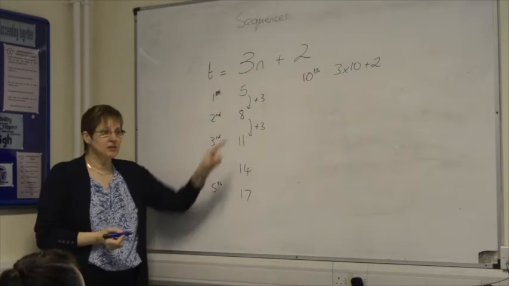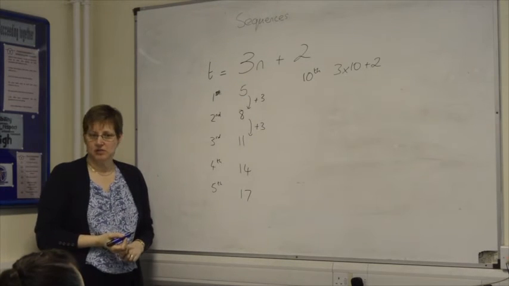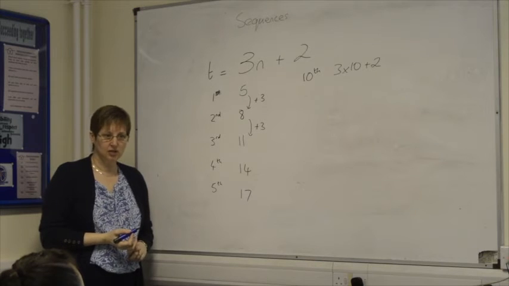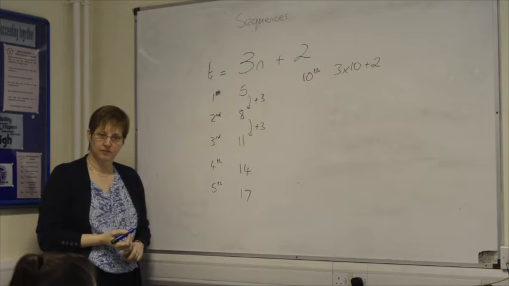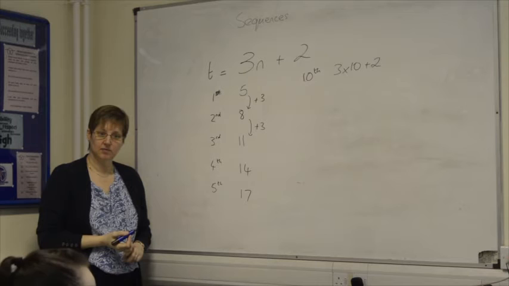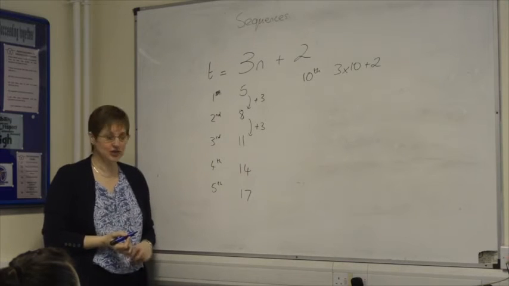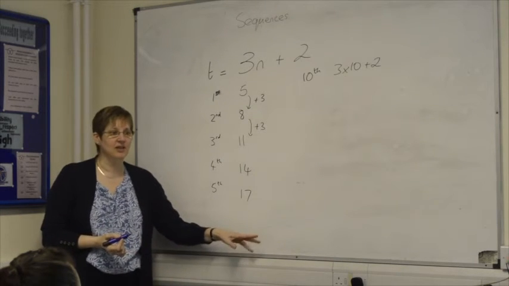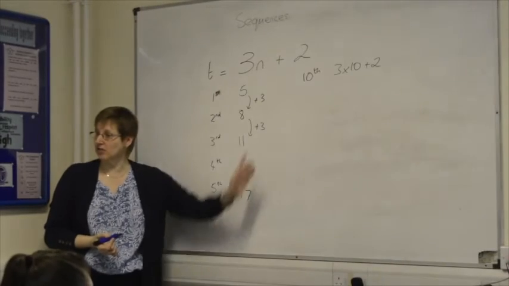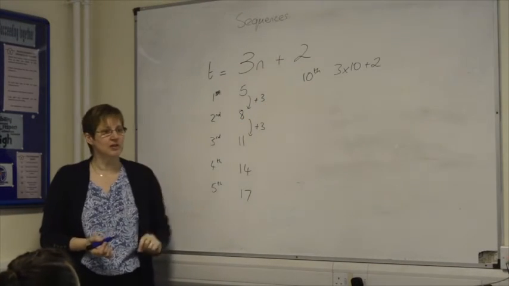Is that the only way to find the 10th term in the sequence? Is there another way to do it? Yolanda, how do you do it? Could carry on how we did it, with working out each one. But that would be a bit slower. Very good. You could do it exactly as you just said. We could say the 6th, the 7th, the 8th, the 9th, the 10th. Just keep on adding 3 and we'd have got there. But you picked the simpler, quicker method, didn't you?